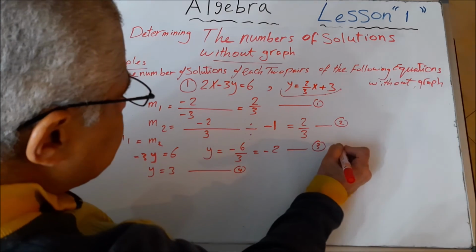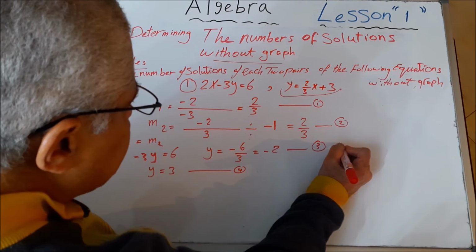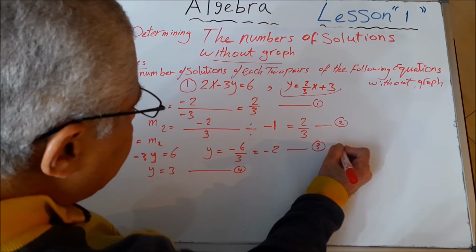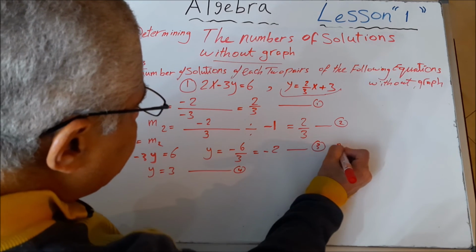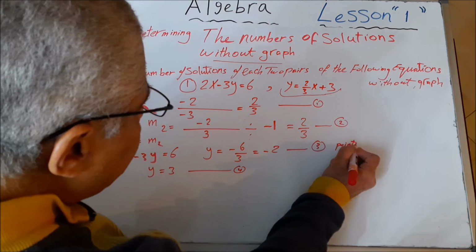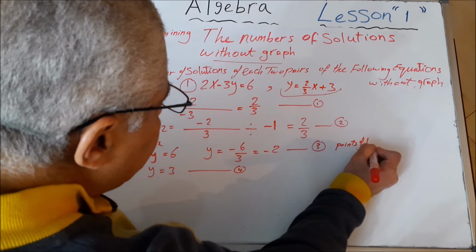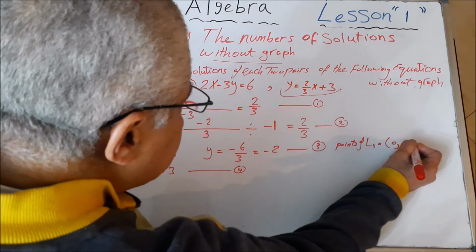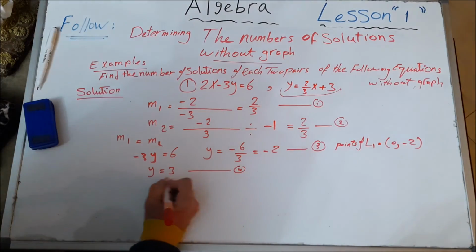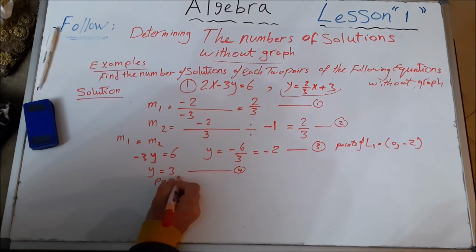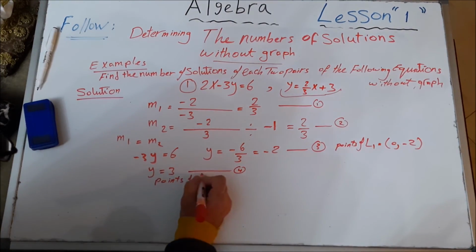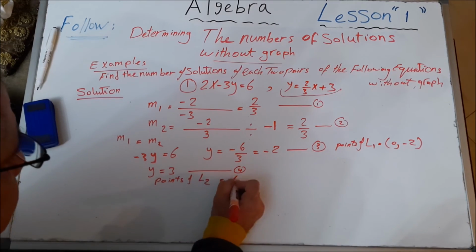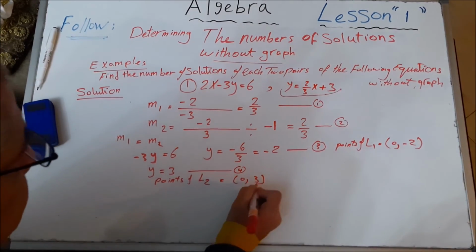So the point of intersection of L1 equal 0 and minus 2, and the point of intersection of L2 equal 0 and 3.